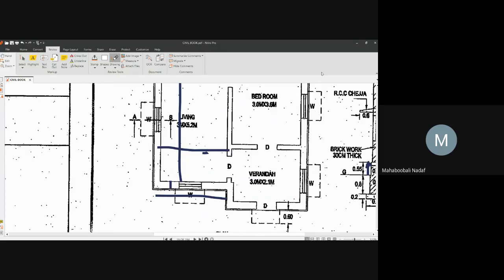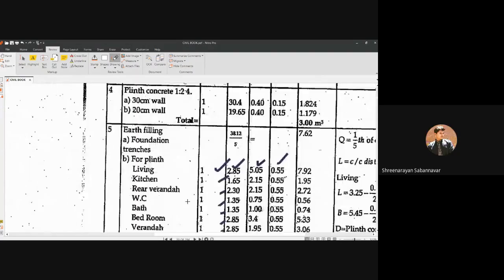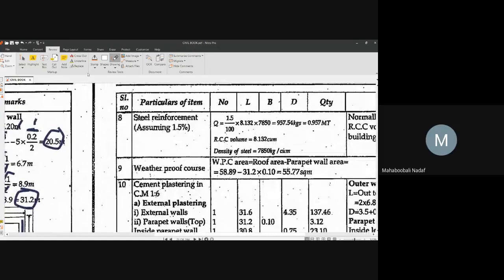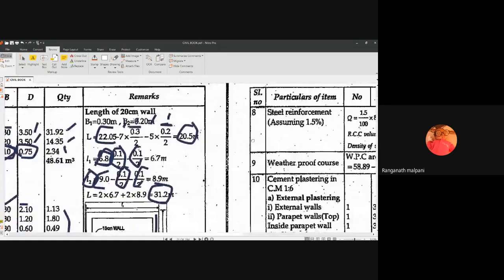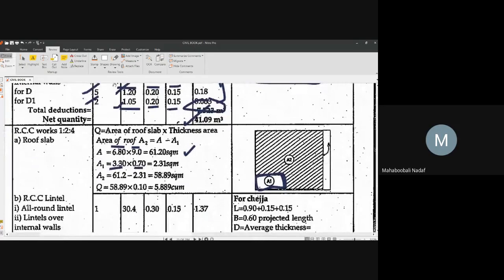In total 9, if you deduct 8.3, how much? 0.7, sir. Exactly, 0.7. They have written that one. So here they have written 0.7.